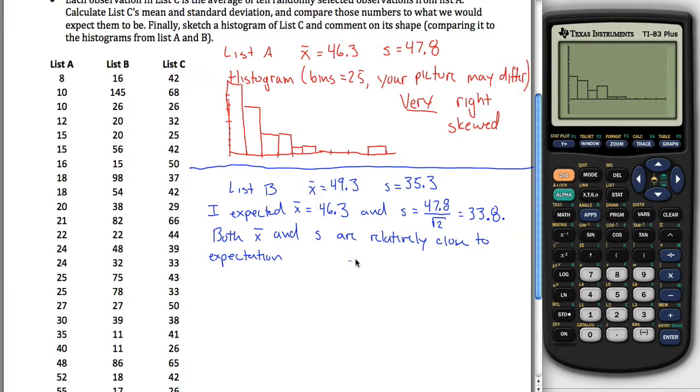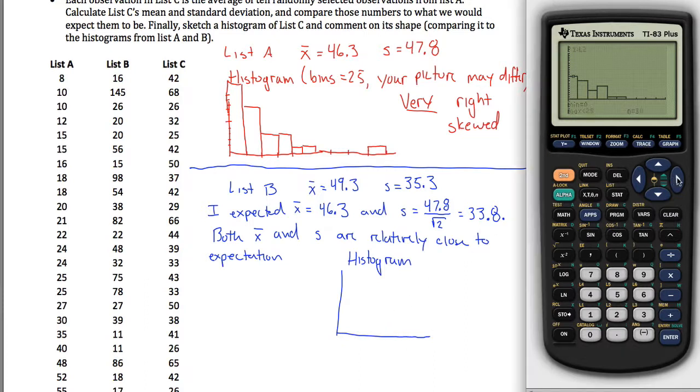So my histogram, roughly speaking, I can even look at it over here from 0 to 25. I had 10 observations.